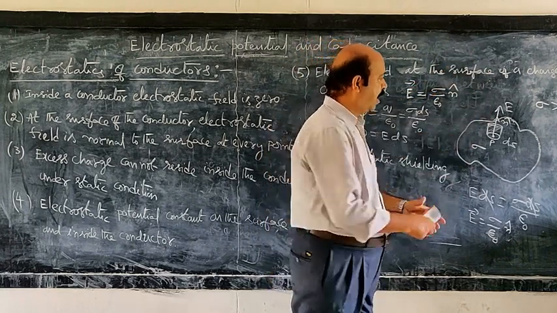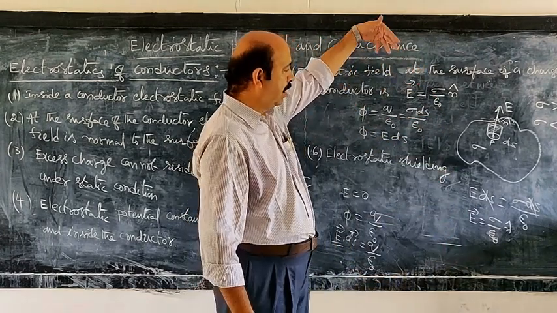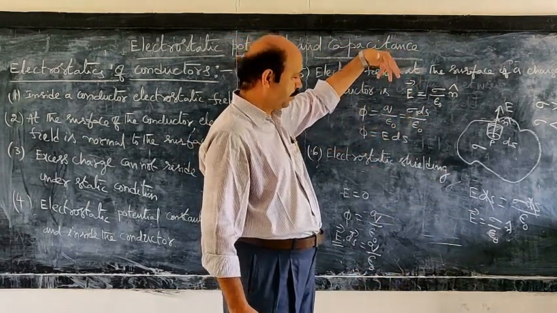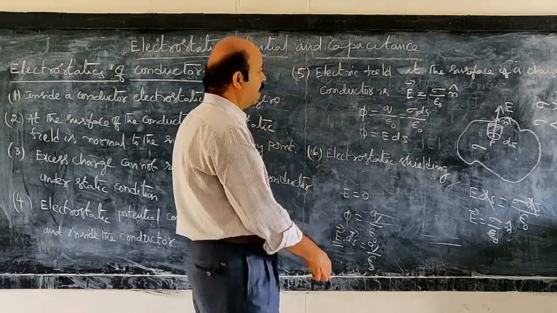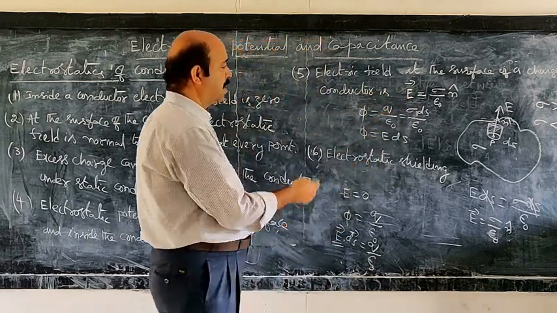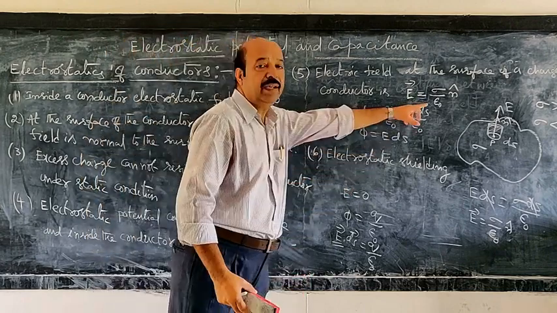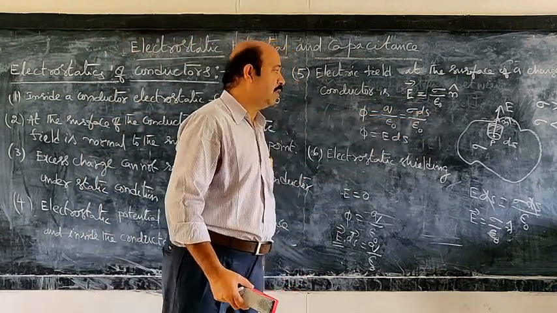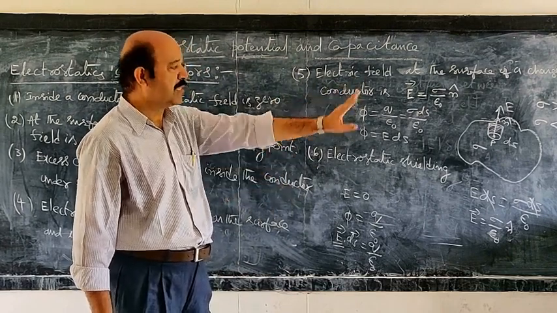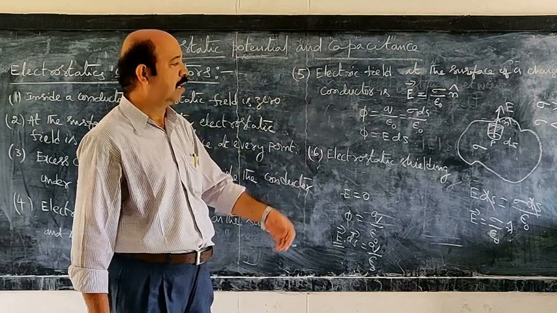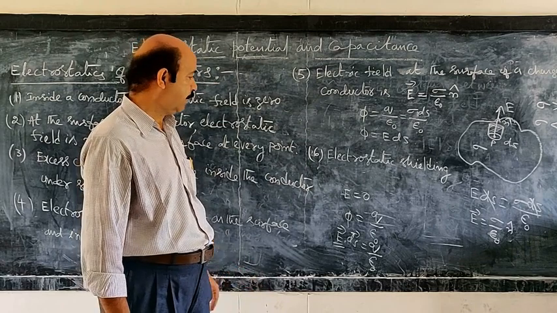If sigma is less than 0, then the electric field direction will be radially inward, towards the inward drawn normal at that point. Therefore, the electric field at the surface of a charged conductor is given by sigma by epsilon naught, and the direction of the field is along the outward drawn normal if sigma is greater than 0. That means if the conductor has positive charge, and the inverse if the charge is negative.